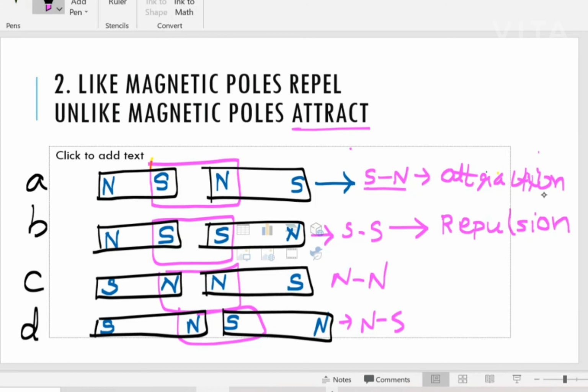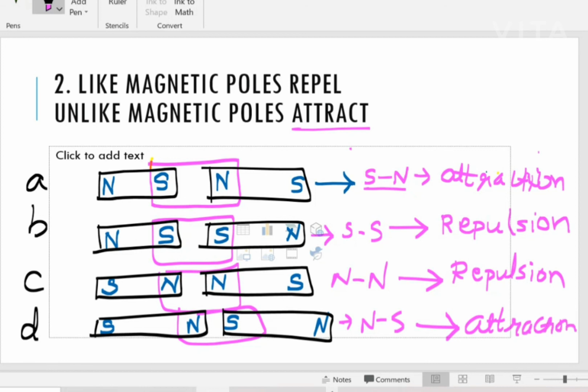It is not going to attract. Here north, north, same like SS, repulsion. The next is north, south. North, south means both are unlike or not similar. So not similar means the same like SN. So it is going for attraction. So very easy.